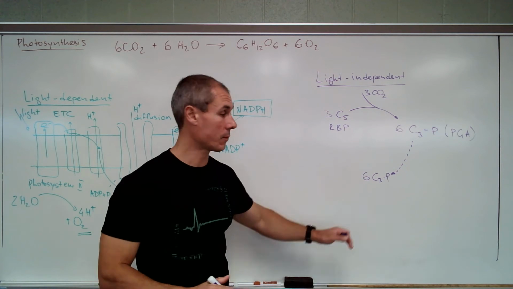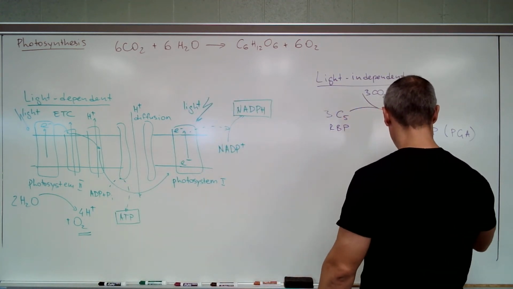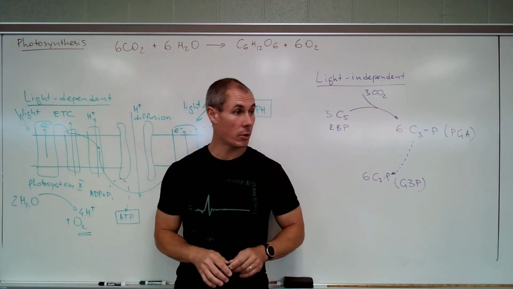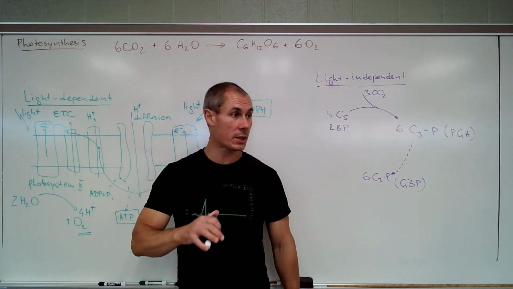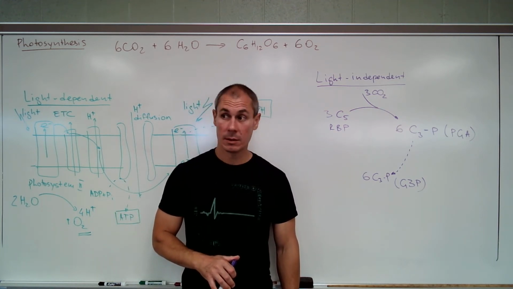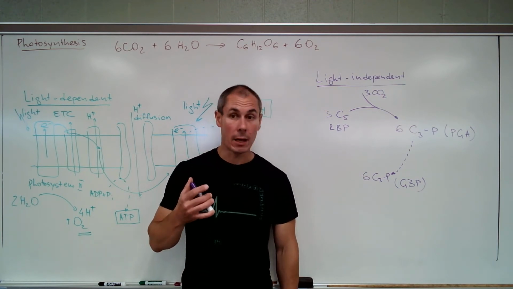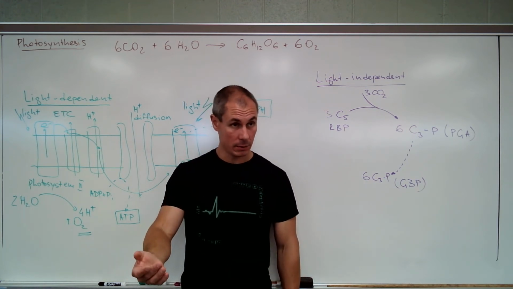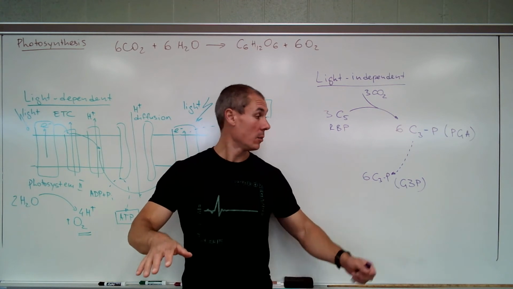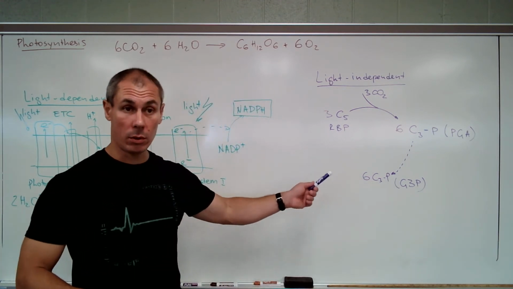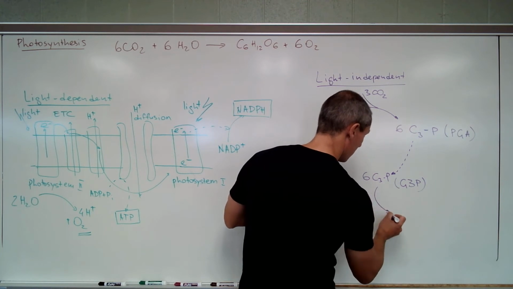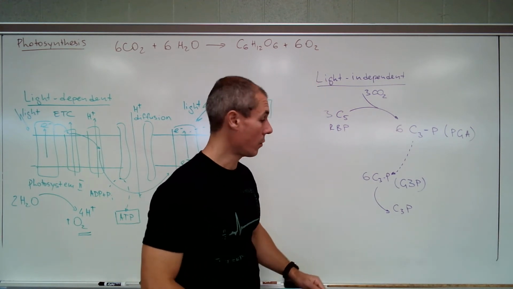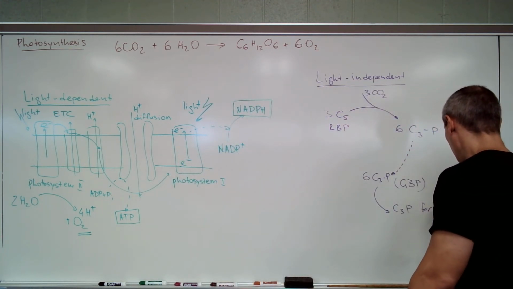But look at the name. This is G3P, your old pal, glyceraldehyde 3-phosphate. The one that we mentioned when we discussed glycolysis, to remember that. Glycolysis thing, okay? So now, G3P in glycolysis is the product of glucose breakdown. Does that make sense? But in this case, one molecule of G3P will be used for glucose synthesis.